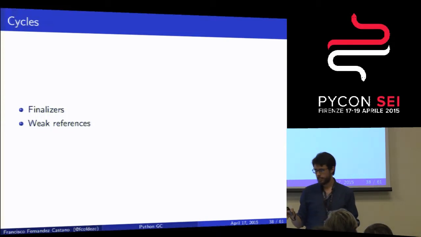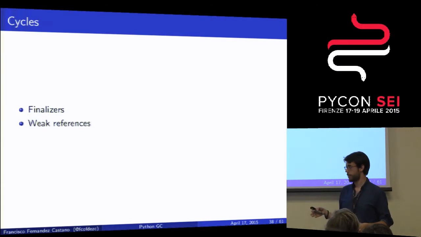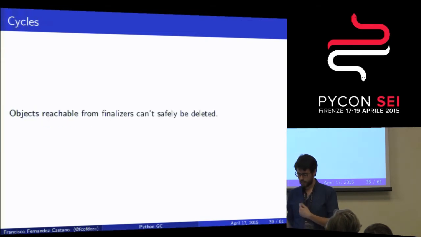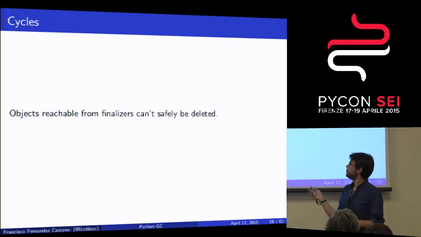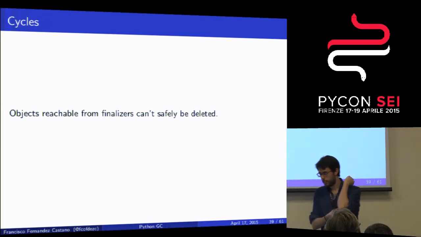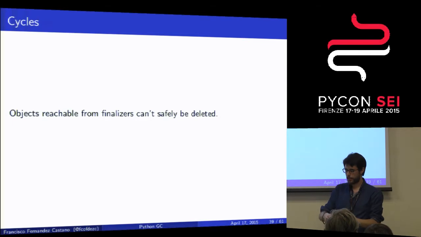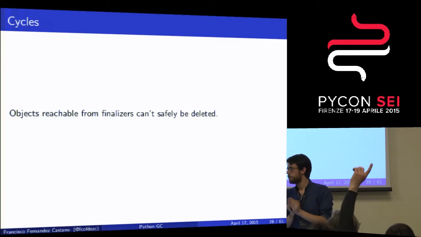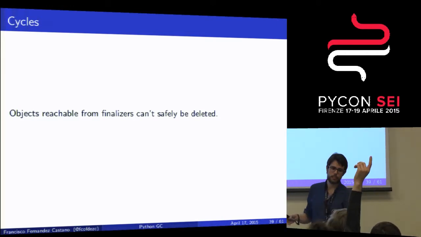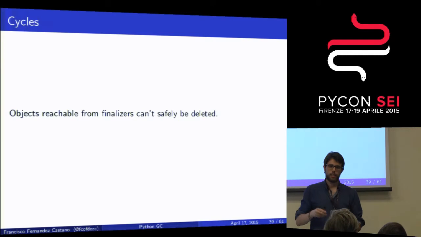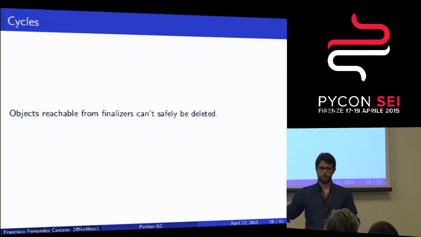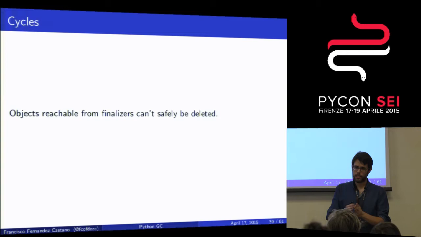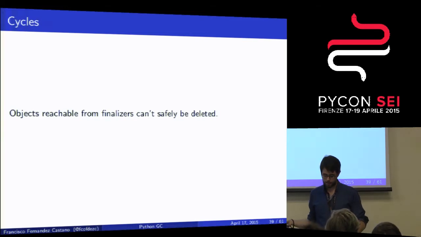We have to deal with finalizers and weak references. What CPython does is that objects that are reachable from a finalizer cannot be safely deleted because they can reference other objects, and it's a bit of a mess. So please don't use finalizers, or sorry, yeah, the __del__ method.